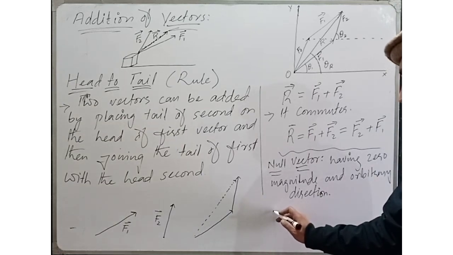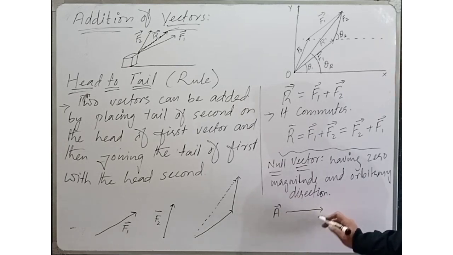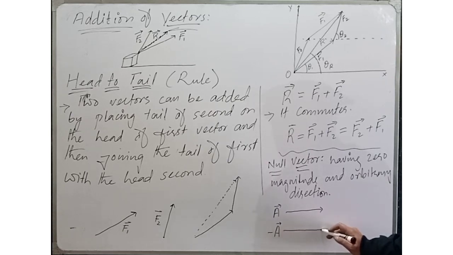Like if we add two vectors, let's say this is the vector A. If we multiply such a vector with a negative sign, it becomes negative of A, which is the same vector as A, the only difference being its direction. So these two vectors will be anti-parallel. A vector and a negative vector are anti-parallel, right?